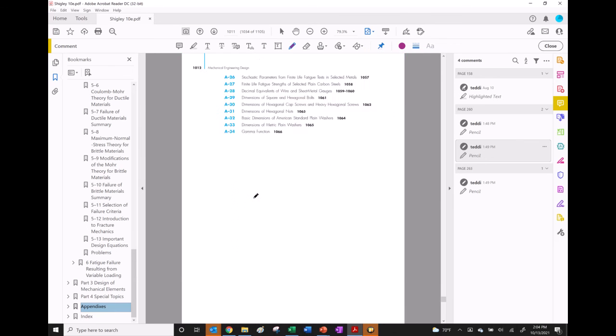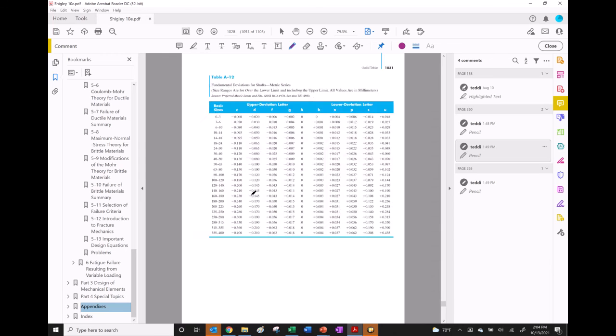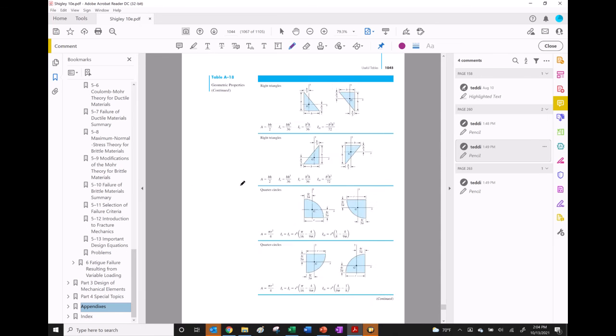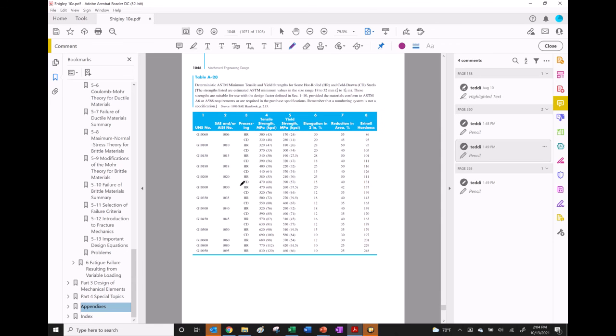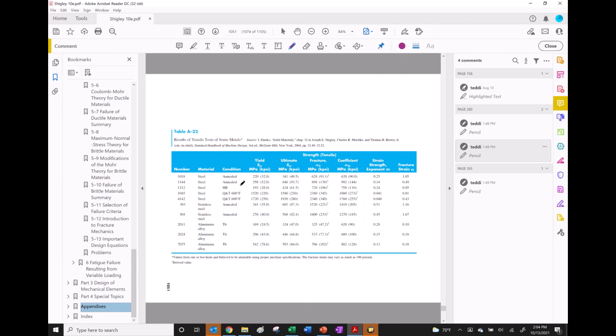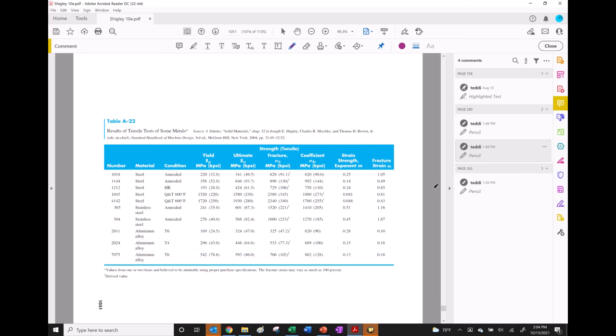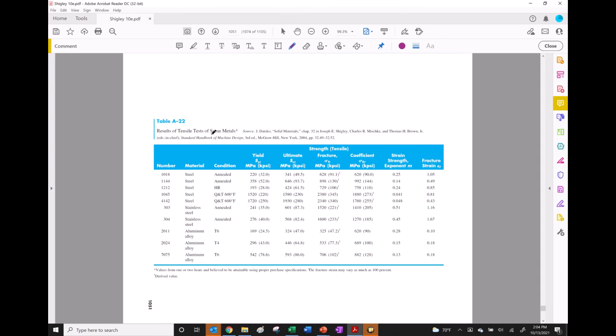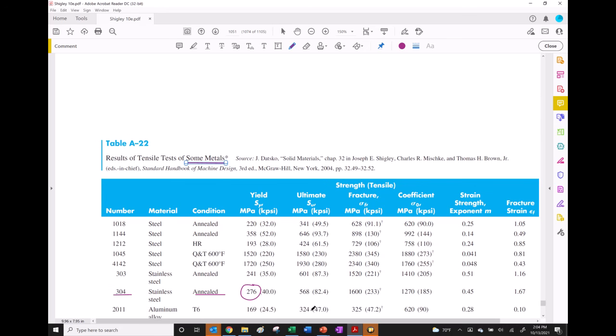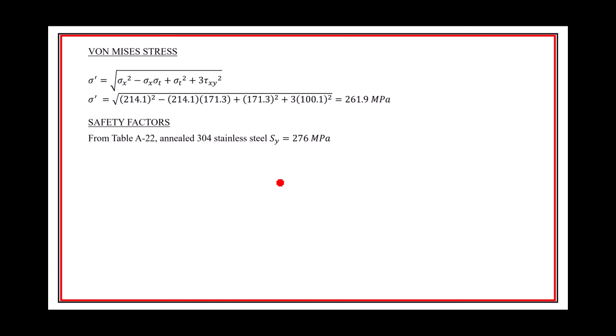Steel's mostly, I guess entirely, in A20 and A21. But if you go to A22, you'll see that we have some metals, and you'll have 304 stainless steel annealed. So its yield strength is going to be 276. All right, and so that's where that came from.